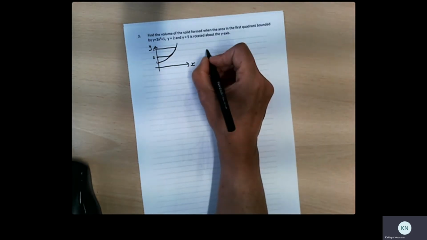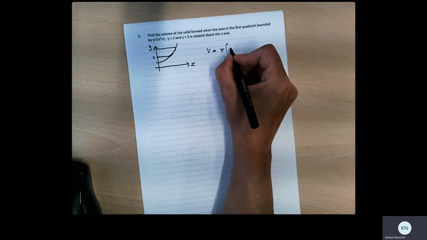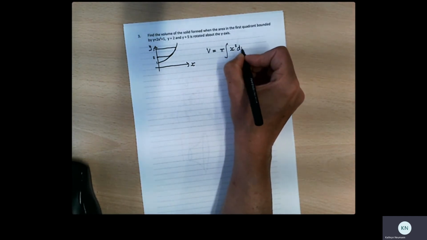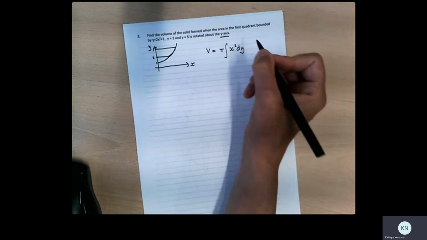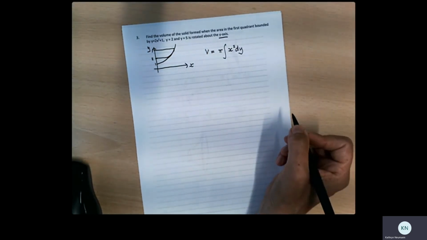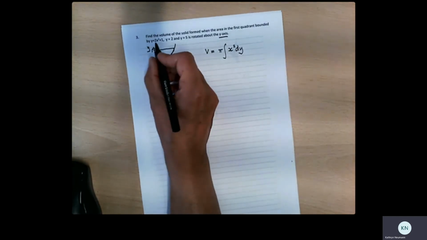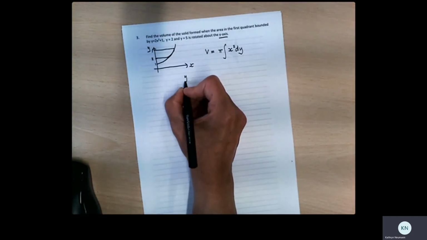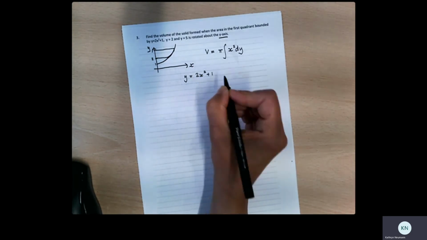So start off writing out the formula. It's going to be pi x squared dy, because we're rotating about the y-axis. So let's see how we're going to get that. We need x squared. Well, look at the equation here. We know that y is equal to 2x squared plus 1.